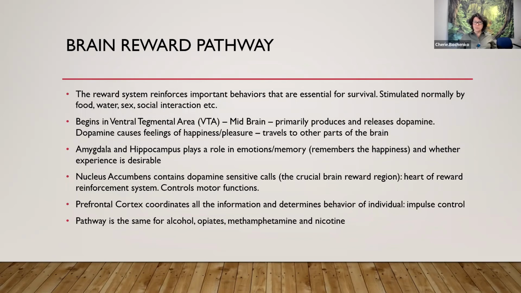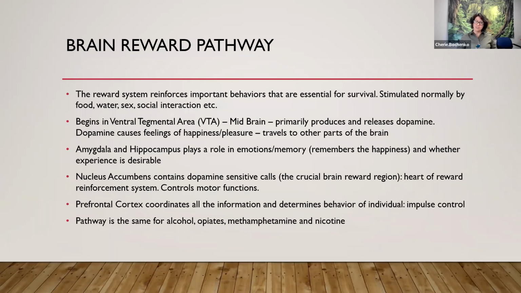The amygdala and hippocampus play a role in emotions, right? We're going to remember the happiness and whether the experience was desirable. The nucleus accumbens contains dopamine sensitive cells, which is really crucial to this whole reward system. The prefrontal cortex coordinates all the information and determines the behavior of the individual and impulse control.